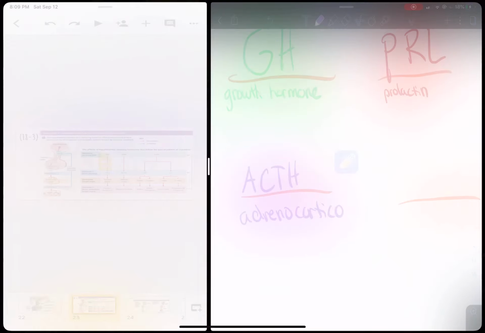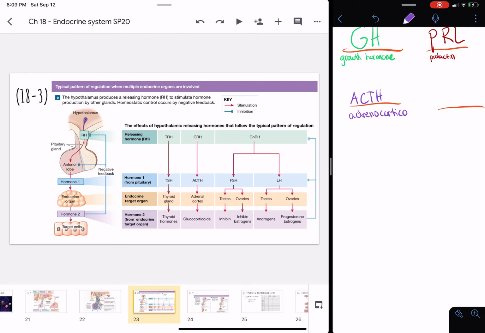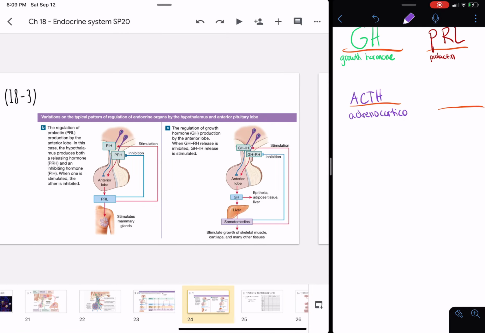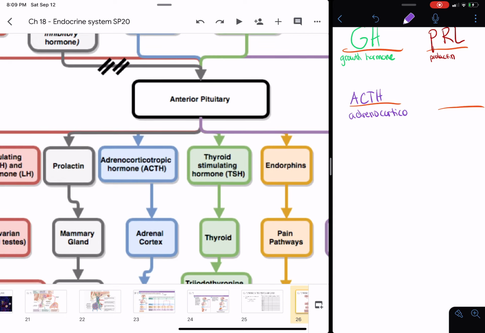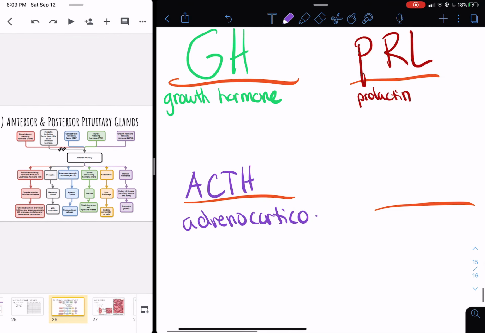I'm spacing on what ACTH stands for. Oh, good, and it doesn't tell you here. That's a bummer. There it is. Adrenocorticotropic hormone. I was almost there. Adrenocorticotropic hormone.